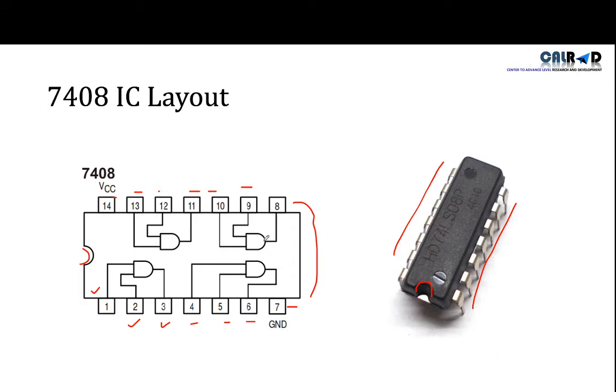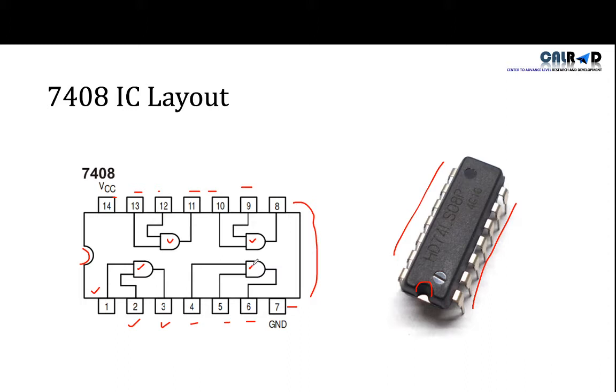Now inside the IC you can see that there are a number of AND gates, 1, 2, 3, 4. There are 4 AND gates in this IC. So this means this IC can be used for more than one application at a time.